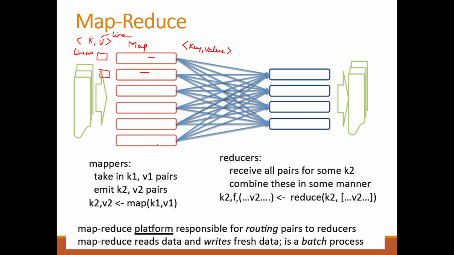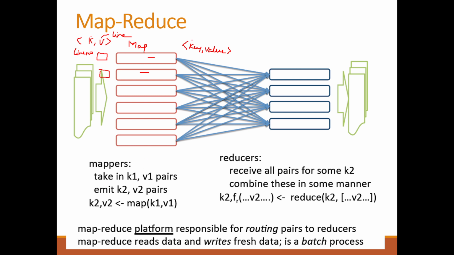So map is the function that is to be performed in parallel by all the data nodes, and then the combination of all these individual intermediate results is done by the reducers to give the final output.